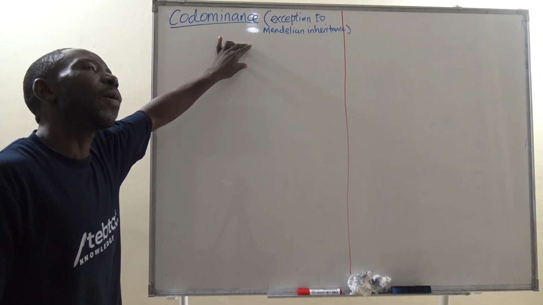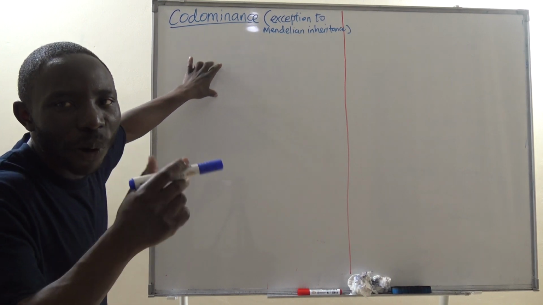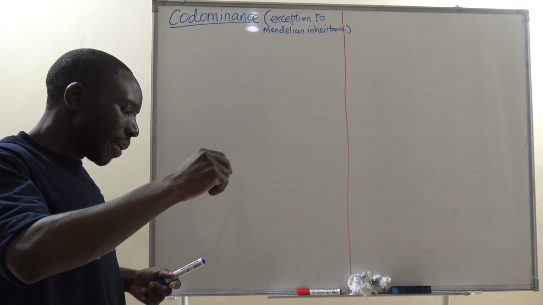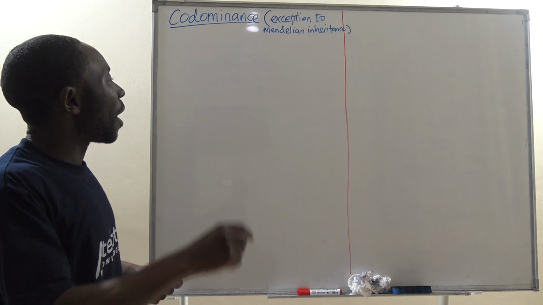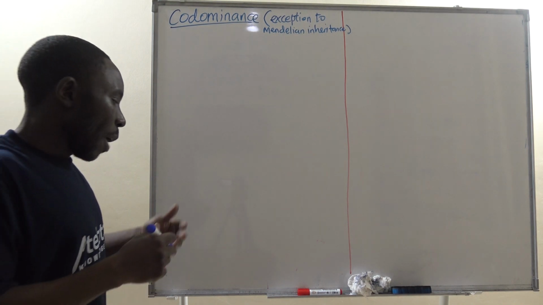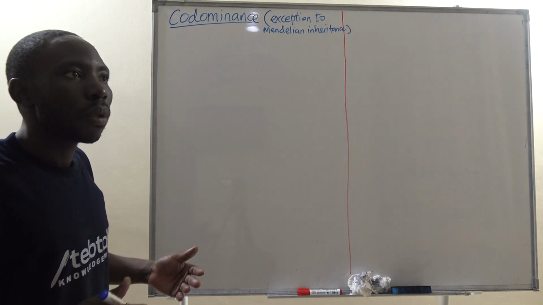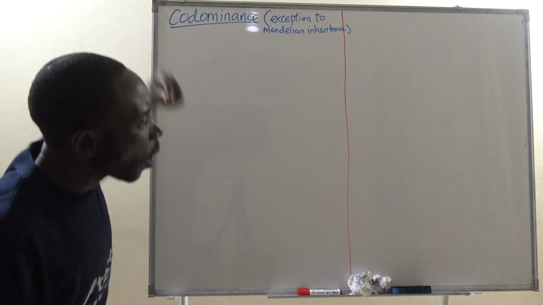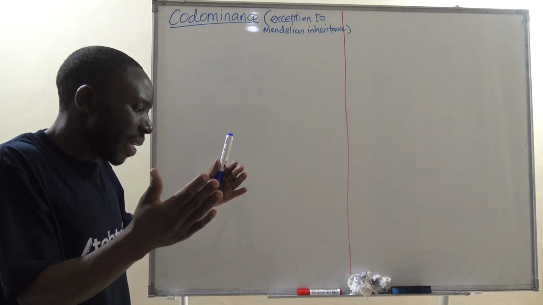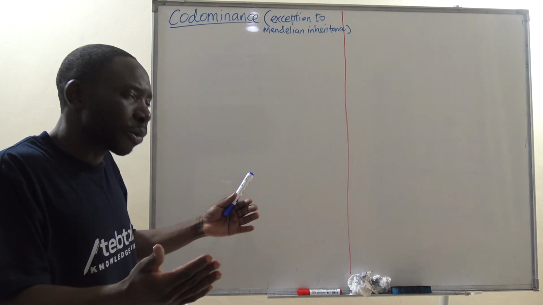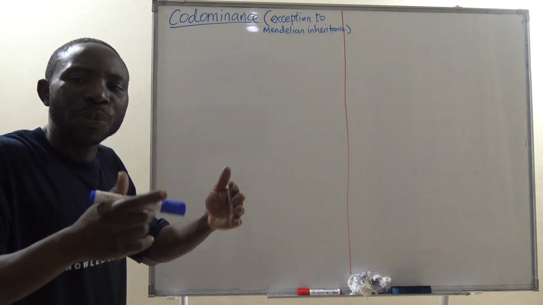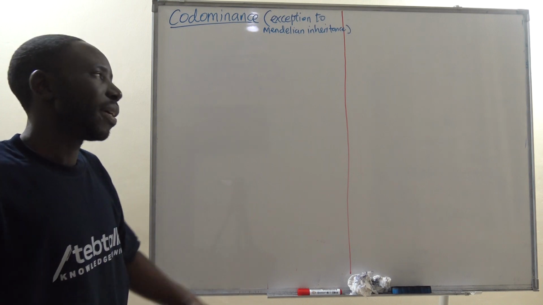Or there is a condition whereby two or more alleles of a gene do not show complete dominance, due to the failure of any one of those alleles to show dominance, such that they all express themselves equally in the phenotype.